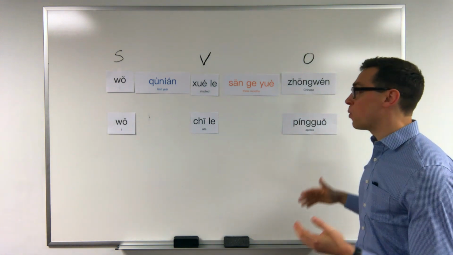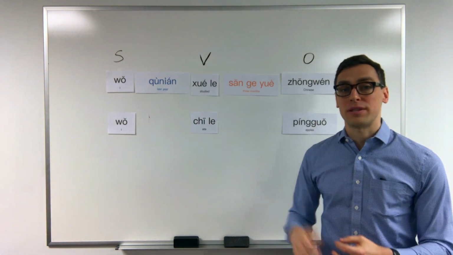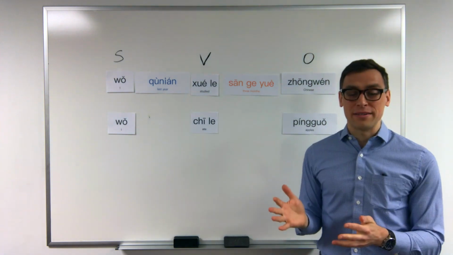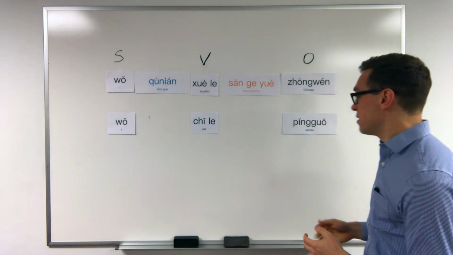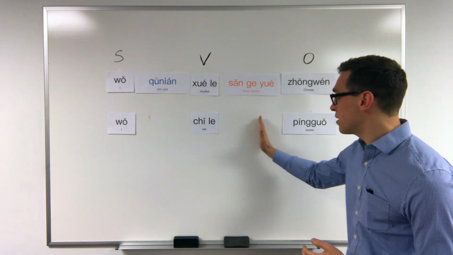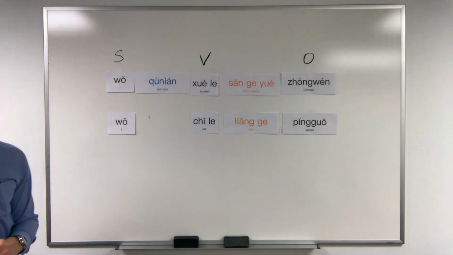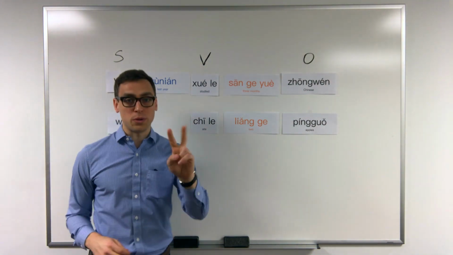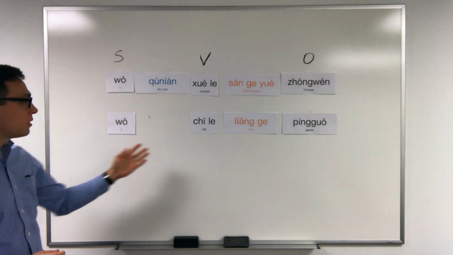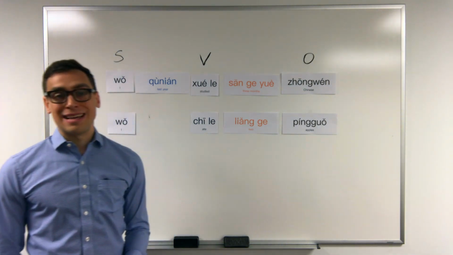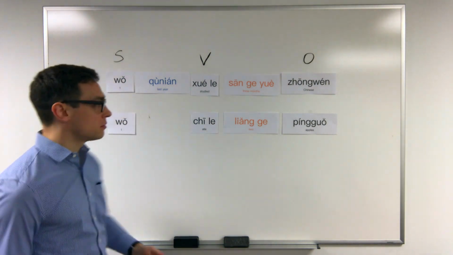This is obviously a quantity, right? This has nothing to do with the time phrase. This doesn't answer the question when that this happened, right? So the quantity obviously goes here between our verb and our object. There we go. 两个 two of something, right? 我吃了2个苹果. I ate 2 apples, right?